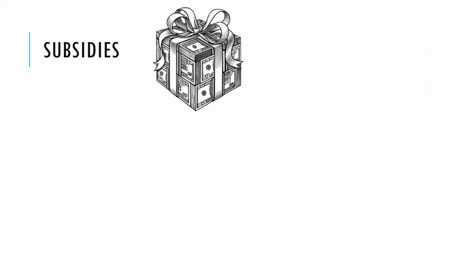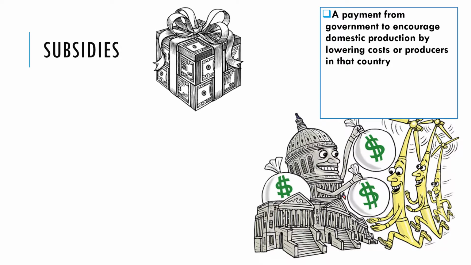Okay, a third way in which a government could try and restrict imports is through the use of subsidies. A subsidy is a payment from the government to a company within their own country to help that company lower costs and potentially lower prices to gain more sales. So a government might help their own businesses so they can more effectively compete or have a price advantage over foreign imports.